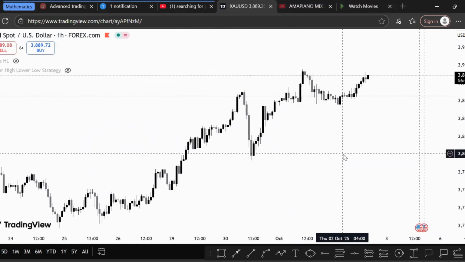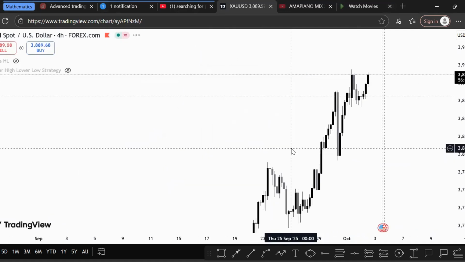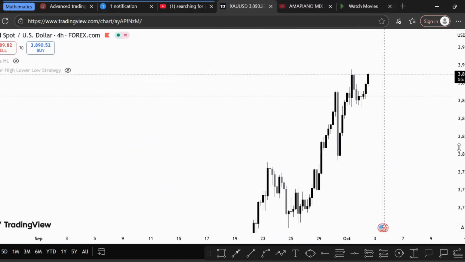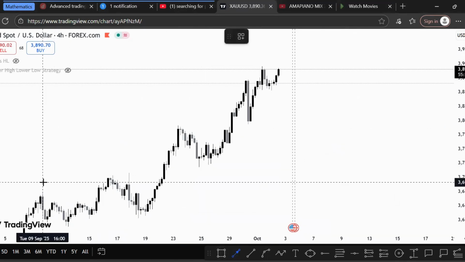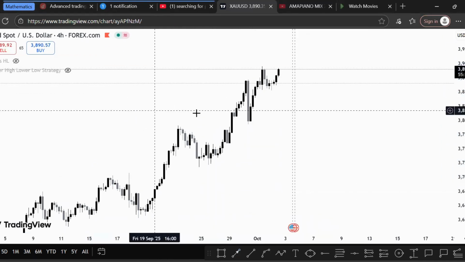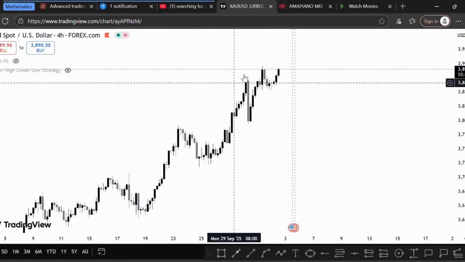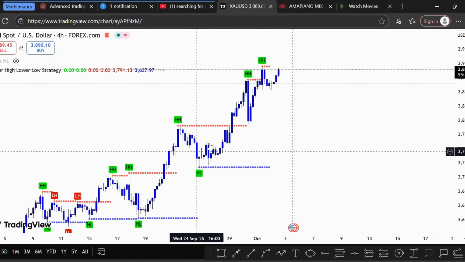So as you can see, starting from our top-down analysis on gold, we've been very much bullish for quite some time now. You just want to be looking at our recent levels. Remember, I did speak about this indicator, the higher high, lower low indicator.